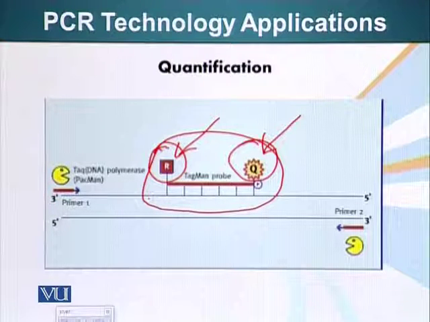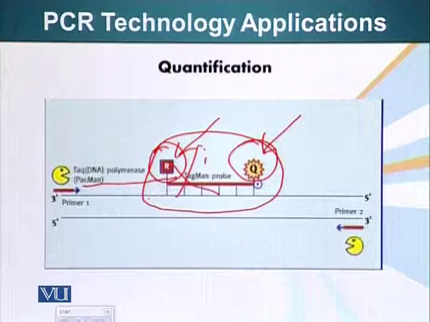So here's our PCR reaction. We have primer 1 and we have primer 2, and we run our PCR reaction. If the virus is present in the sample, the DNA polymerase will extend. When it extends this primer, it will degrade this probe. When this probe is degraded, the quencher will be separated from the reporter.